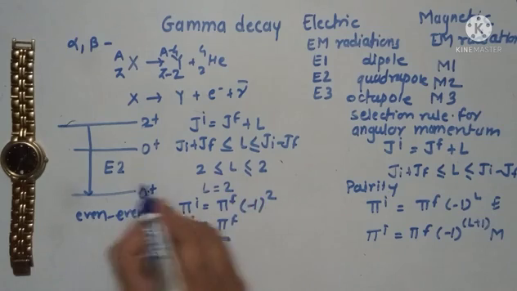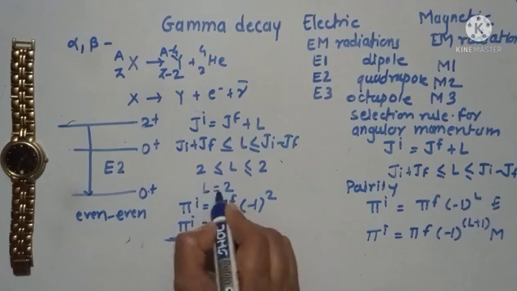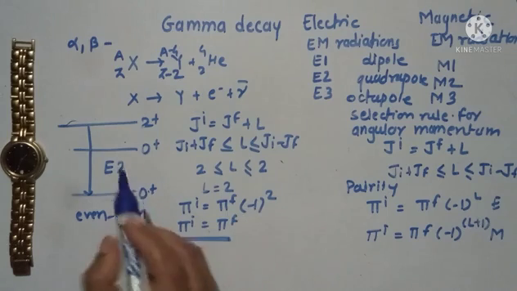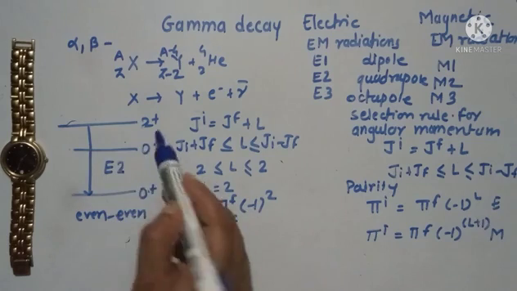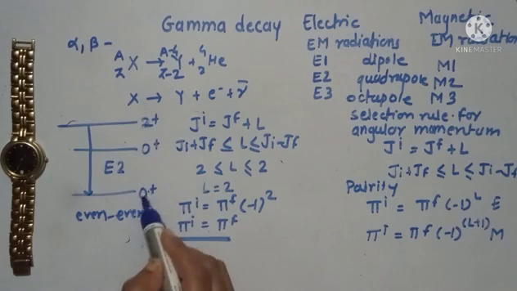So if we measure the angular momentum of this outcoming gamma ray, which is L equal to 2, from these calculations we can say that the gamma ray is coming from the de-excitation of the nucleus from the 2 plus state to the 0 plus state.